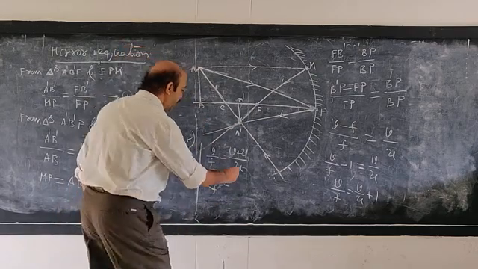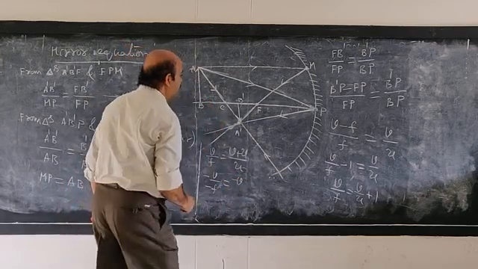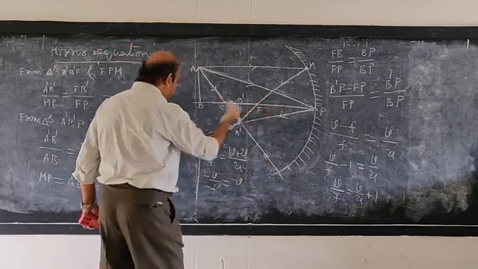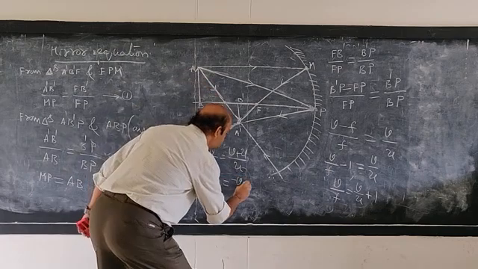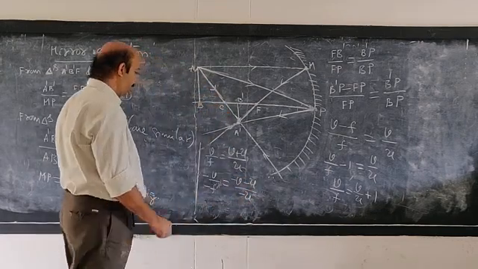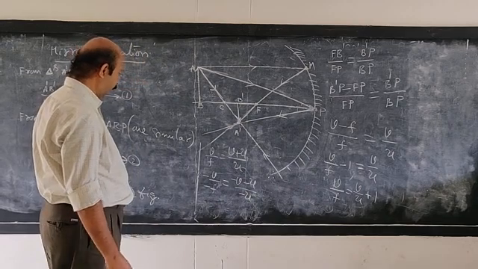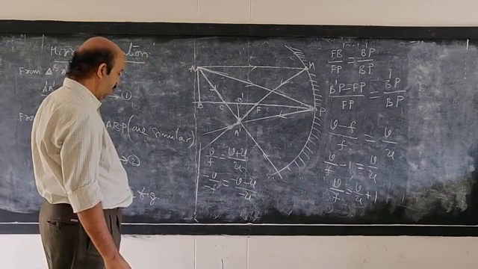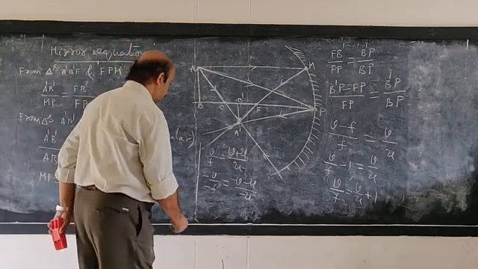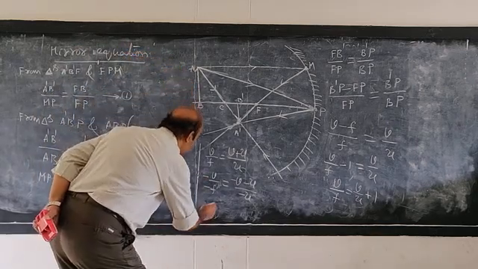And the object distance is also measured from P in the opposite direction, so that is also negative. Therefore minus U by minus U, and this minus gets cancelled.